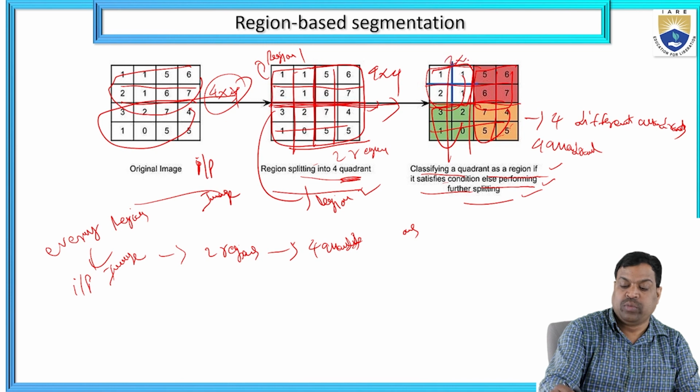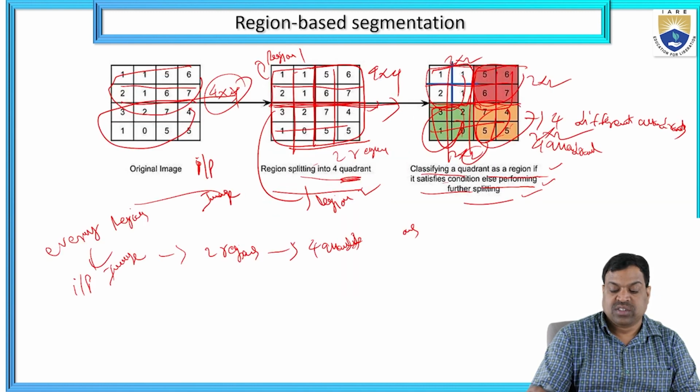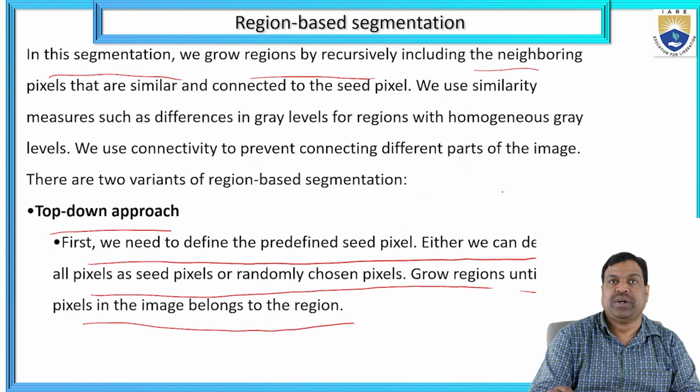This is 2 by 2, 2 by 2, 2 by 2, and 2 by 2, so a total of 4 quadrants. So it classifies a quadrant as a region if the condition is satisfied, and otherwise performs further splitting.